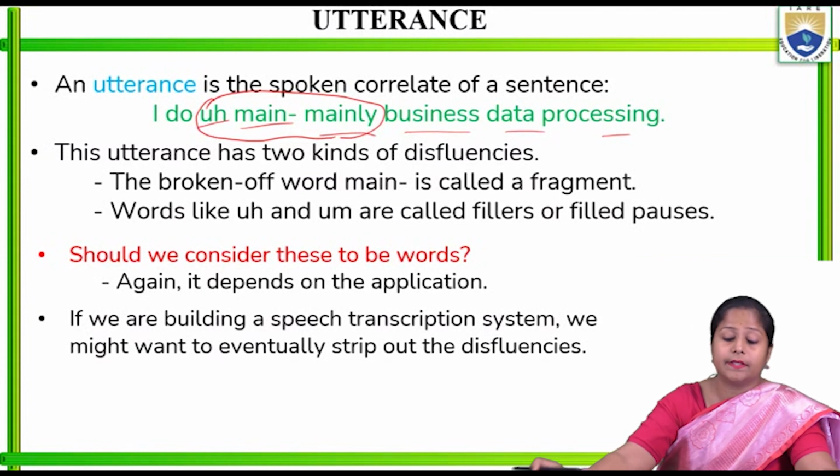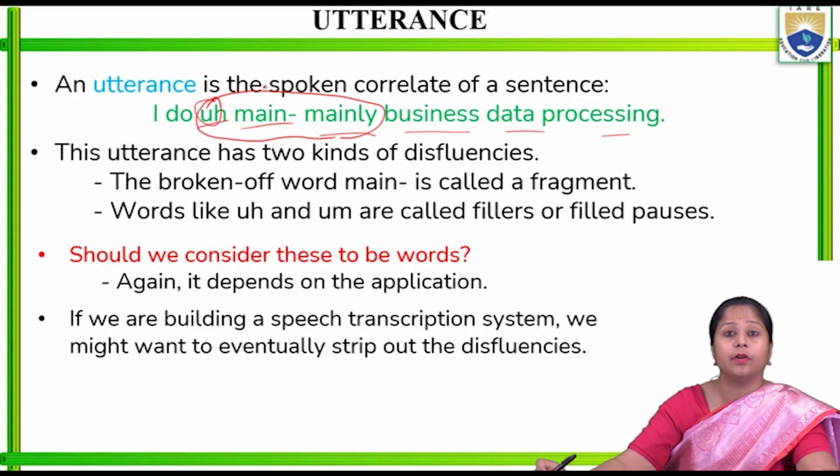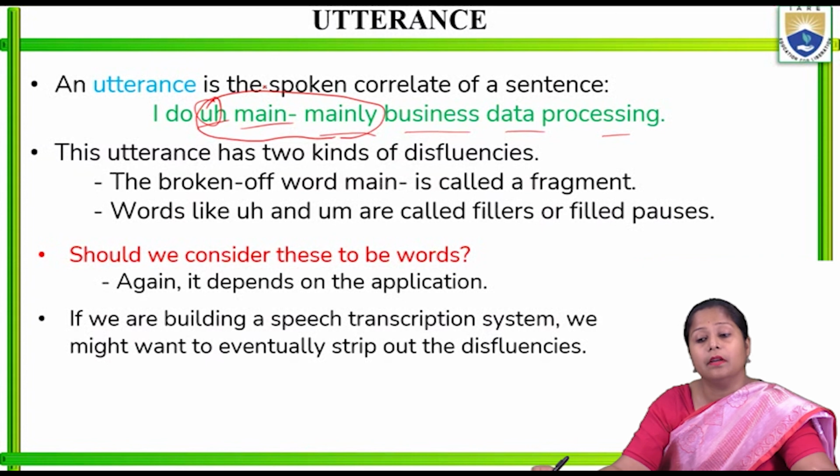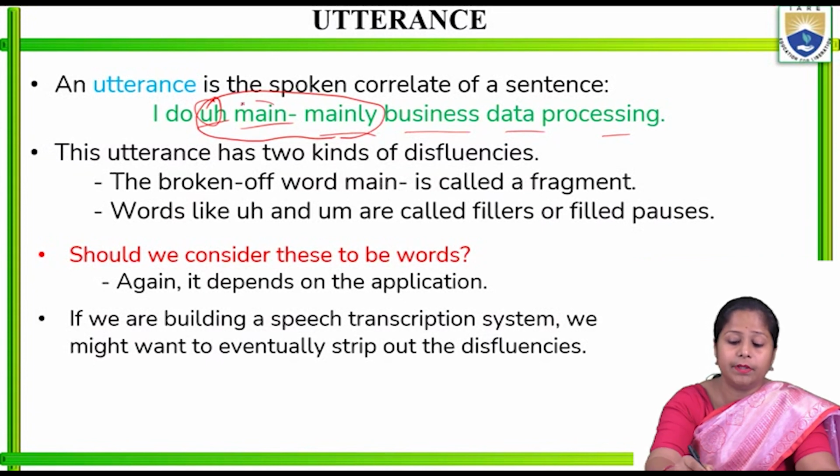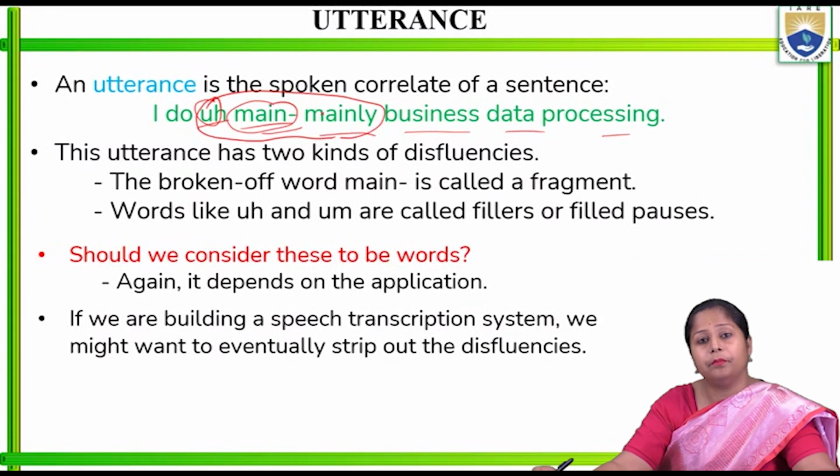Whenever we see words like this, they are identified as another type of word. Here "main" is followed by a dash, which means something after "main" is missing. That will be completed as "I do mainly business data processing."